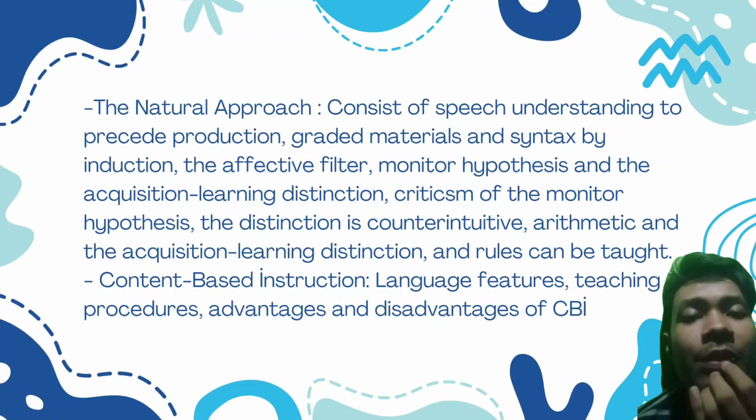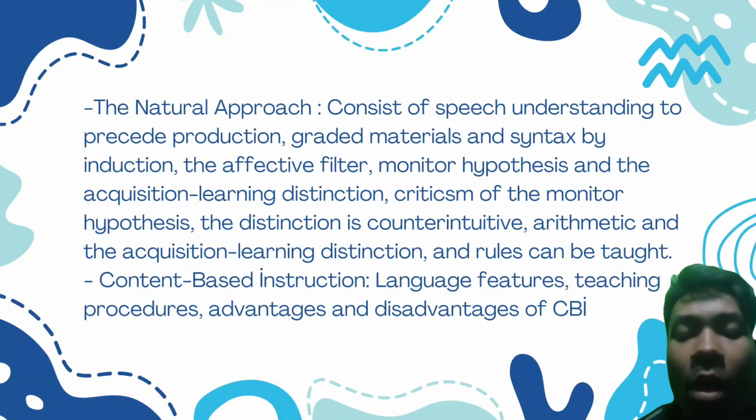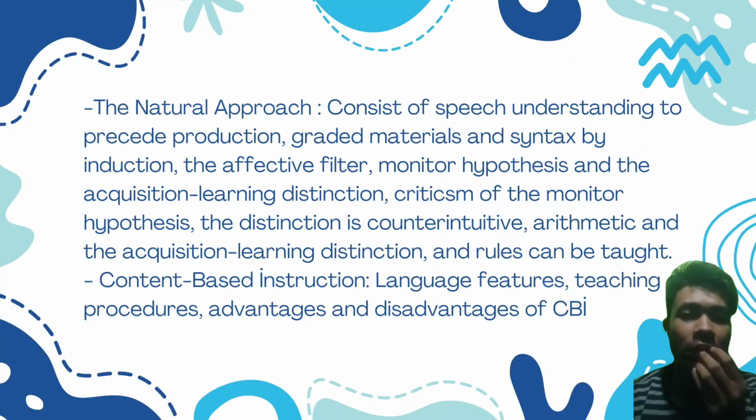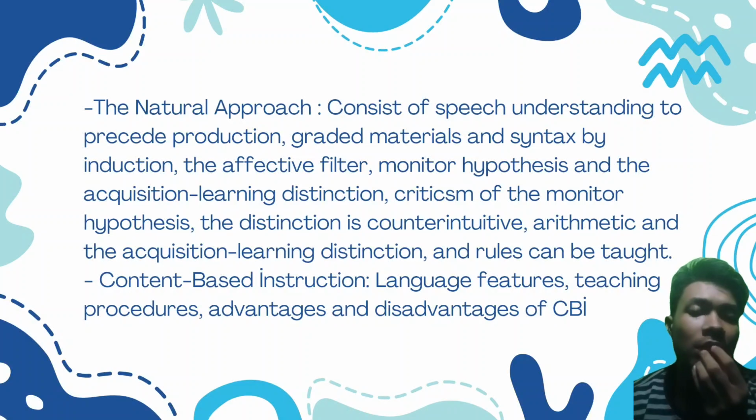The intuitive belief that practice makes perfect suggests learned patterns should eventually become automatic during the acquisition-learning boundary creation process. Okay, we continue. The next component is arithmetic and the acquisition-learning distinction. Krashen sometimes uses arithmetic as an analogy to illustrate and challenge his own acquisition-learning distinction.